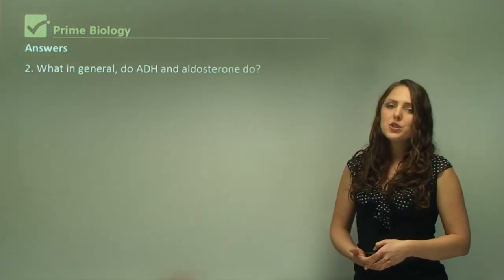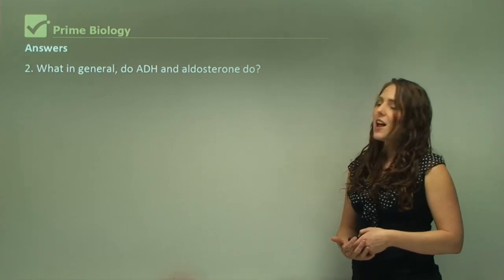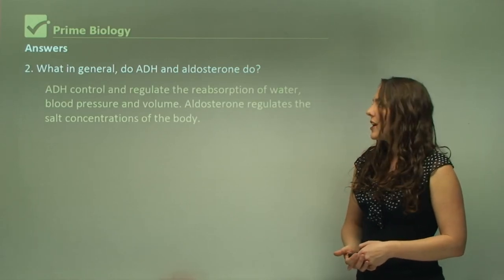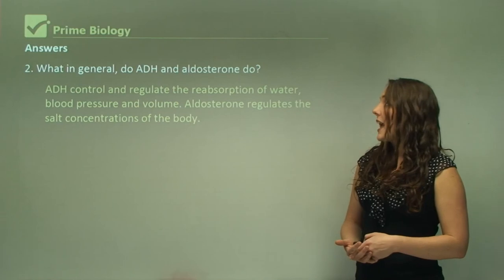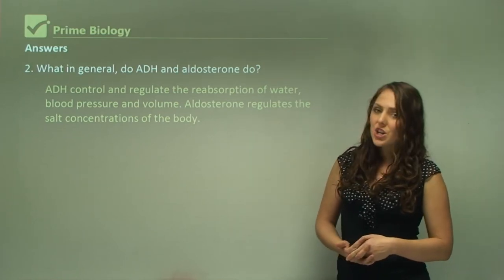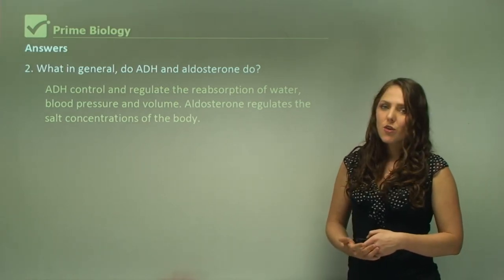Number 2, what in general do the antidiuretic hormone and aldosterone do? The anti-diuretic hormone and aldosterone control and regulate the reabsorption of water, blood pressure, and volume. Aldosterone regulates the salt concentrations of the body.